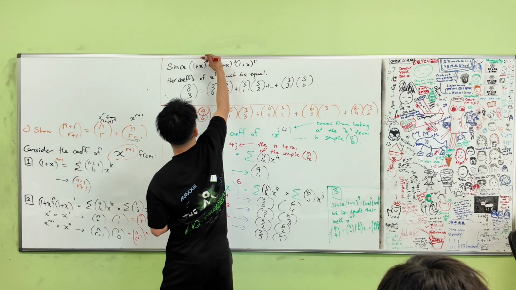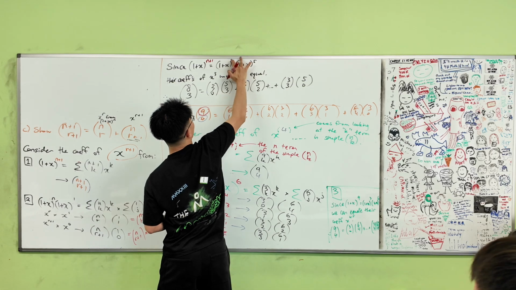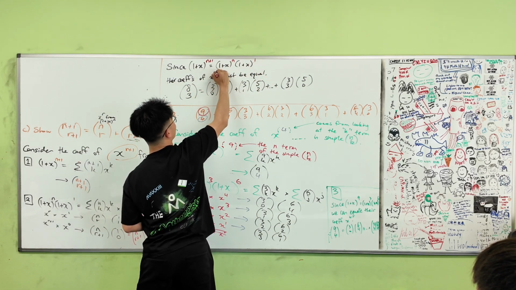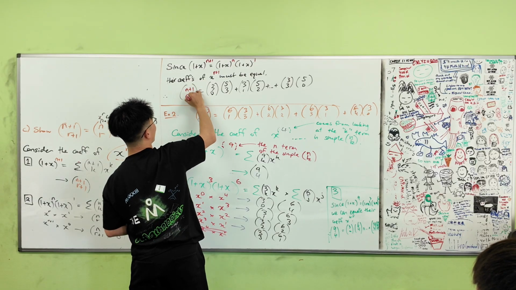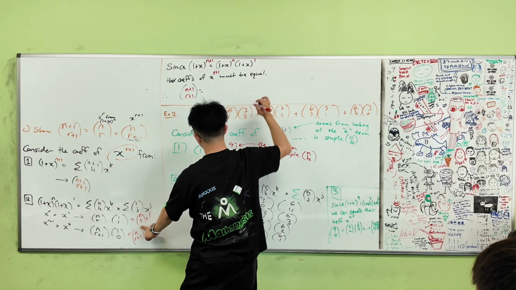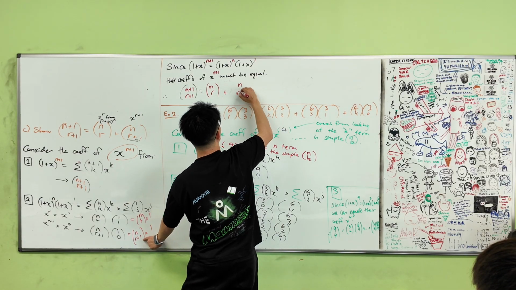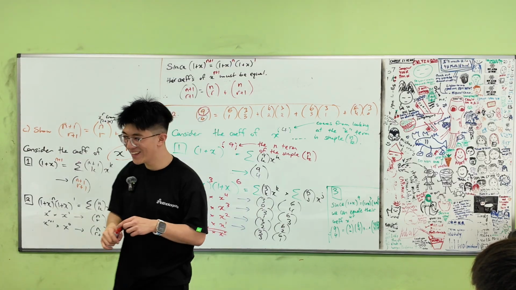So since (1+x)^(n+1) equals (1+x)^n (1+x), we can equate coefficients of x^(r+1). (n+1 choose r+1). What did I get over there? We said n choose r times 1, which is n choose r, and n choose r plus 1. Are we okay with that?